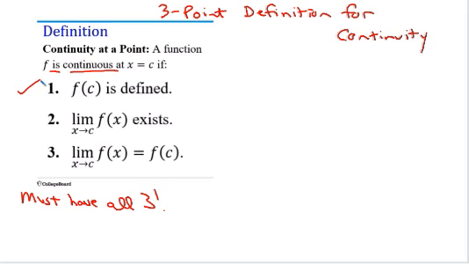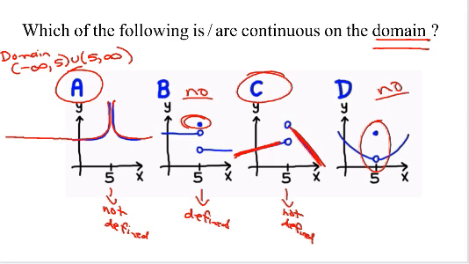Now, let's go back for a minute. On this last situation here, letter D, f of 5 is defined, isn't it? It's defined as this little point right here. But let's go to point 2.